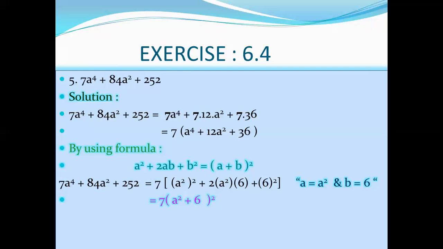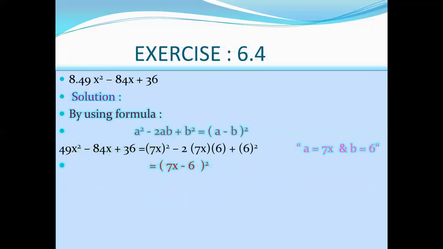We take 7 outside and within the square bracket we write the terms and make the perfect square: 7 into a square whole square plus 2 into a square into 6 plus 6 square, which is 7 into a square plus 6 whole square. So keep it in your mind, when the terms are not the square of any number, you will split the numbers and take a common term. Yes, come to the next question.